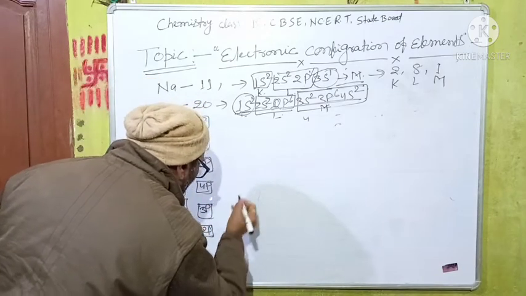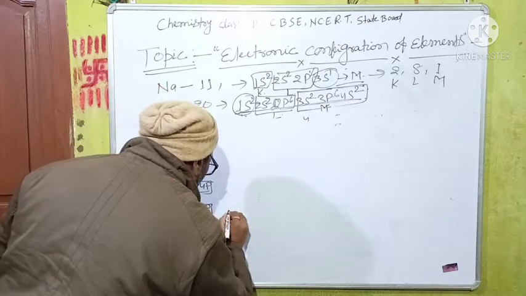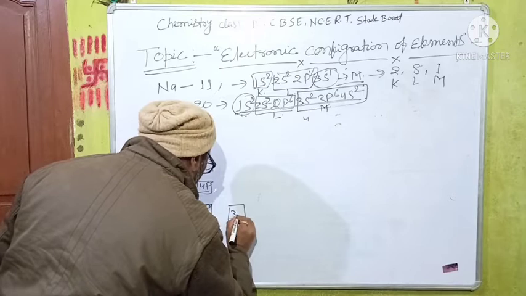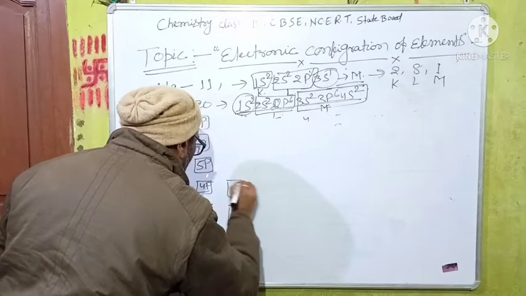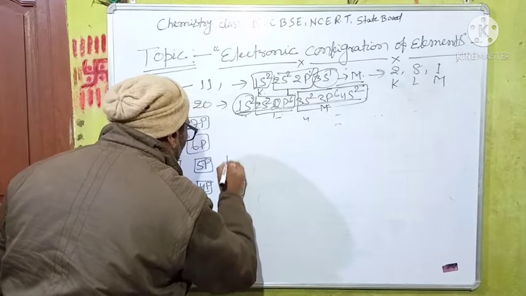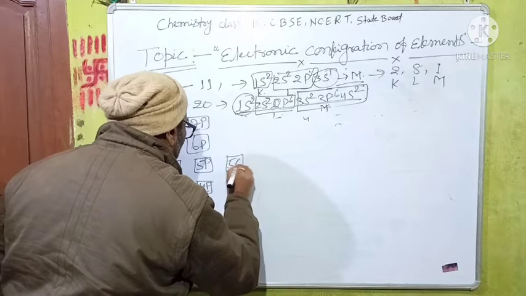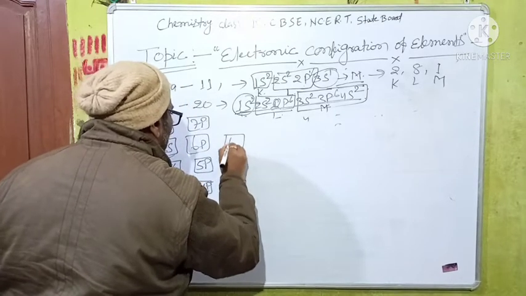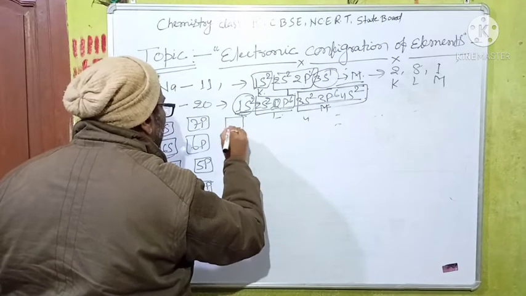D starts from the M orbit, so it starts at 3D, 4D, 5D, 6D, 7D.